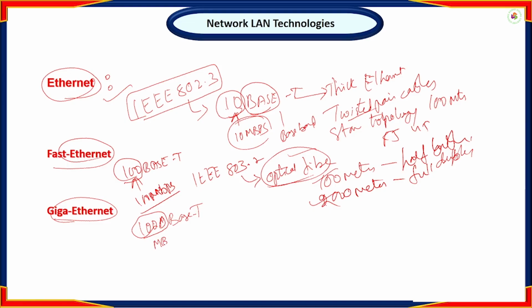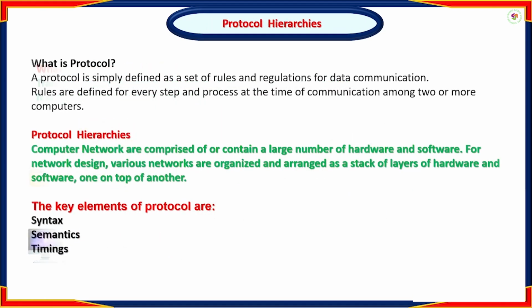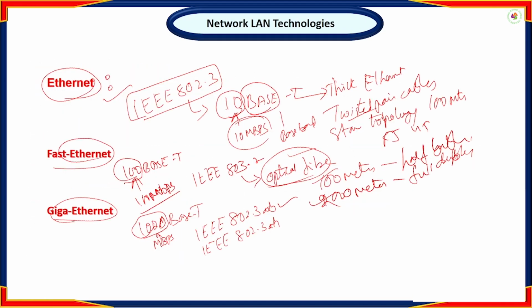The Ethernet protocols it utilizes are IEEE 802.3ab and 802.3ah. These are the two different types of IEEE protocols used in Giga Ethernet.